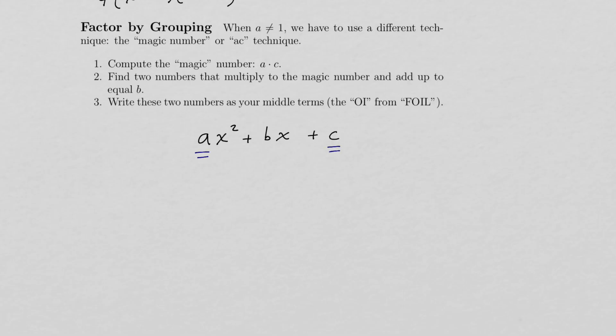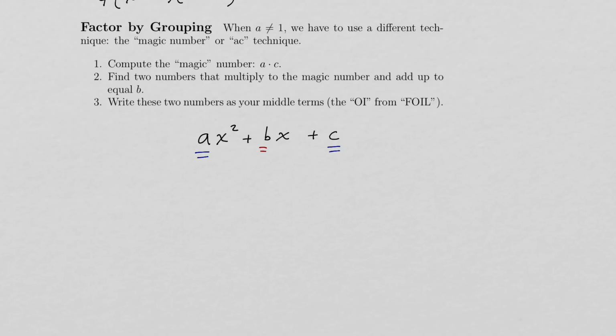So it's the coefficient of the x squared term and the constant. You multiply them together, and then you try to find two numbers that when you multiply them give you that number AC, and when added give you b, the middle number. And then if you can find those two numbers, then you can use what's called factoring by grouping.